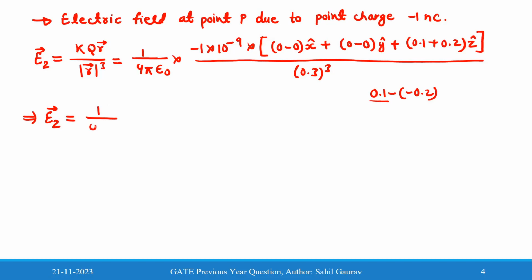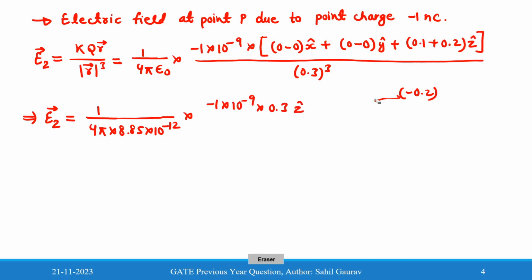1 divided by 4 pi into 8.85 into 10 to the power minus 12, it will be minus 1 into 10 to the power minus 9 into 0.3 z cap divided by 0.3 cubed.